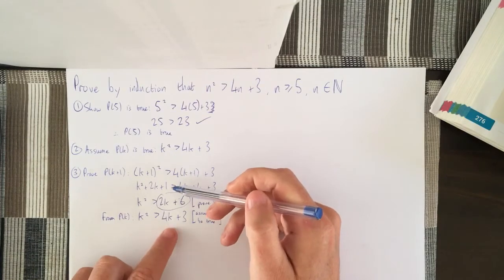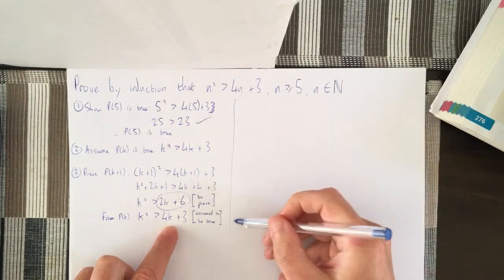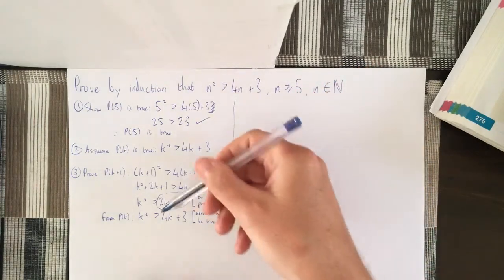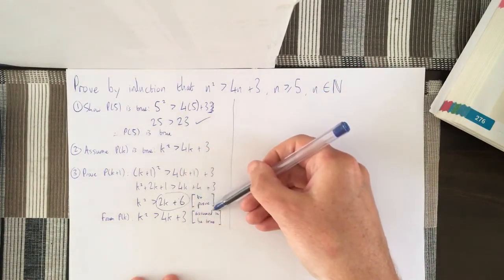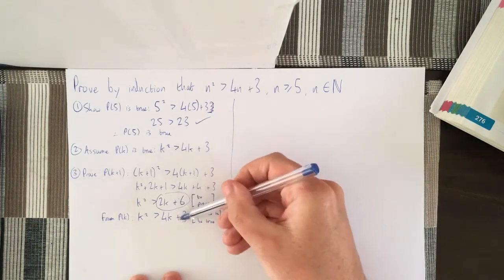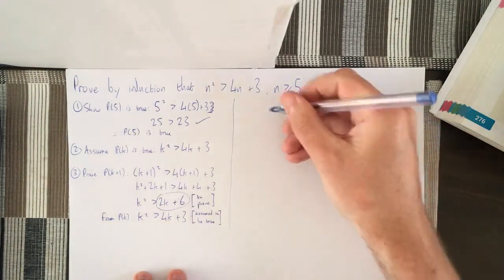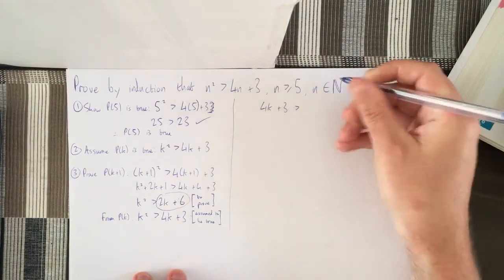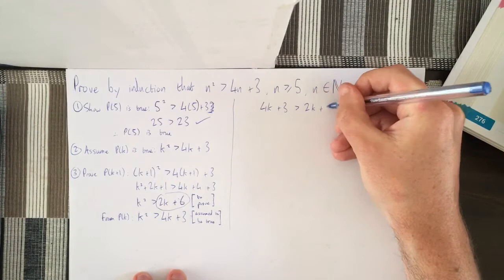So my next step then will be, so you're nearly bringing it in at the end here. So is greater than 2k plus 6, but this one less than this one. So 4k plus 3 is greater than 2k plus 6.